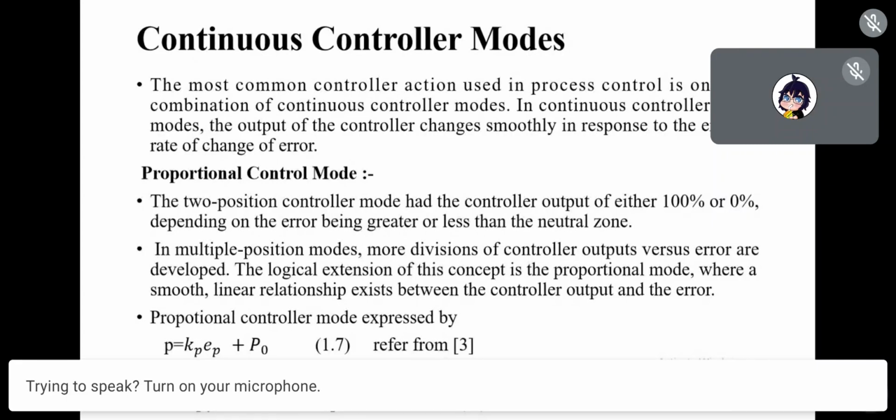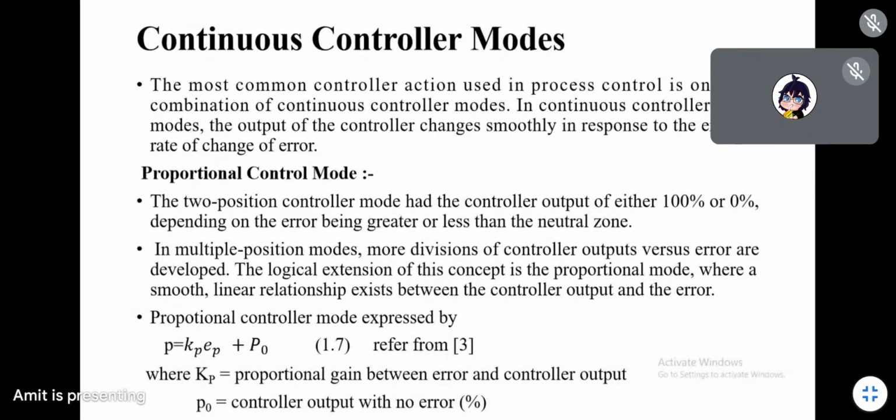The most common controller action used in process control is one, or a combination of, continuous control modes. It may be one, or a combination of more than one continuous control mode. In continuous control mode, there is proportional control mode, integral control mode, and derivative control mode.